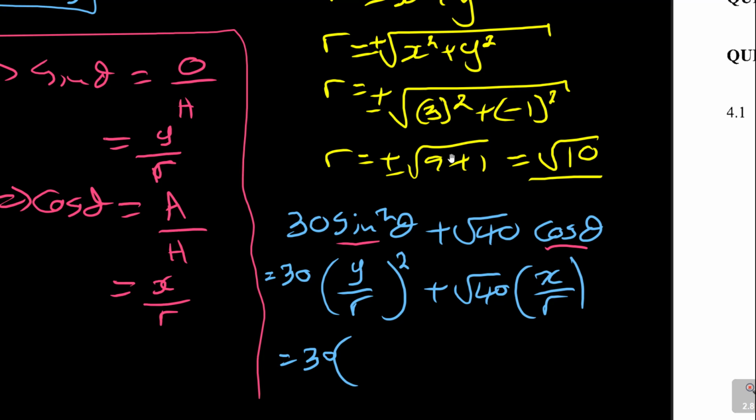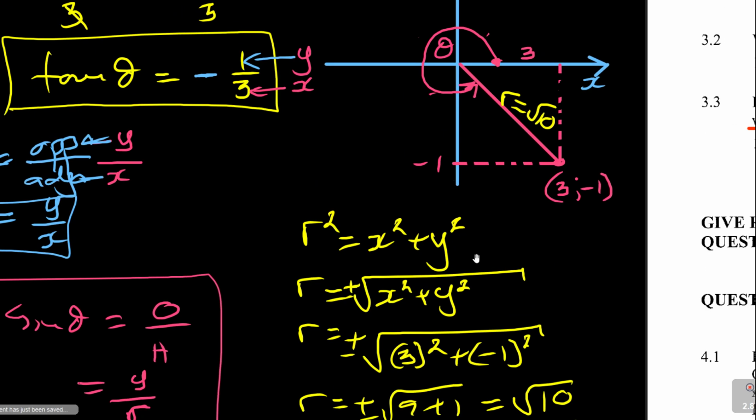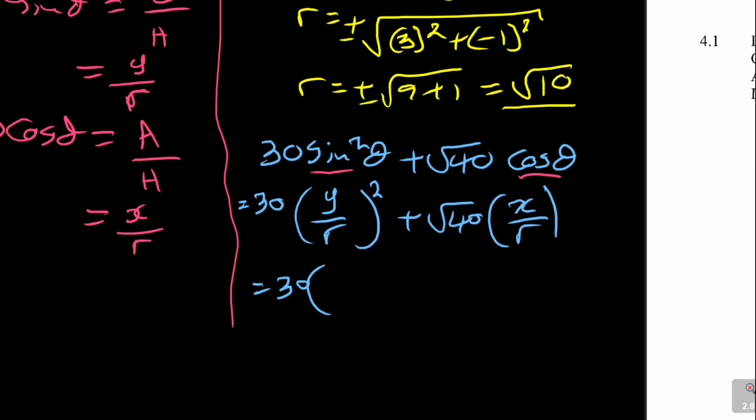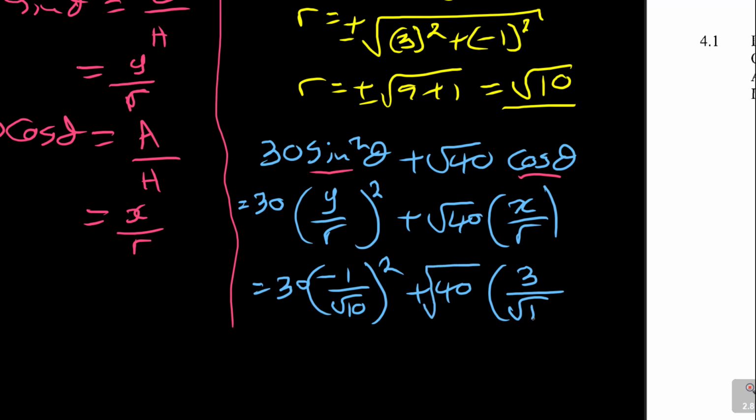You come back and remind yourself the y was negative 1, the x was 3. So y is negative 1 over r, which is square root of 10, remember? Then that is squared plus square root of 40, and then the x is what? Our x was positive 3 over, this is square root of 40 over square root of 10.